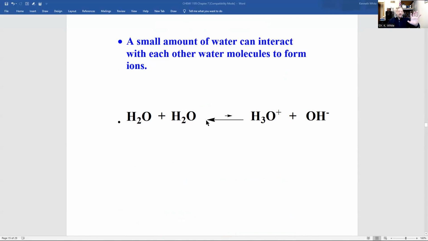Most of it is unreacted, but a very tiny amount, an important tiny amount, reacts and there's a proton transfer. One molecule of water transfers its proton to the other to give the hydronium ion, H3O+, and hydroxide. Now, very little goes to the right. That's why the arrow on top is tiny, but this is very important.